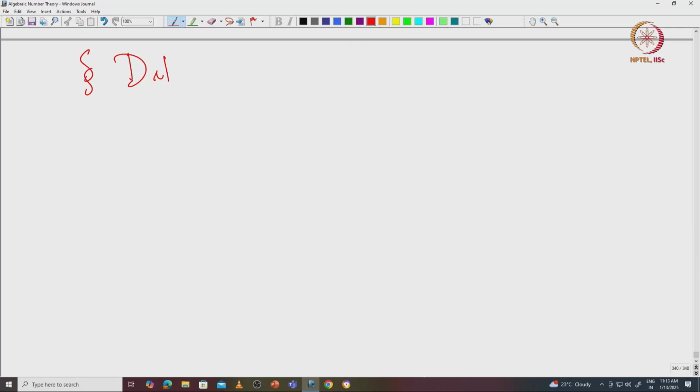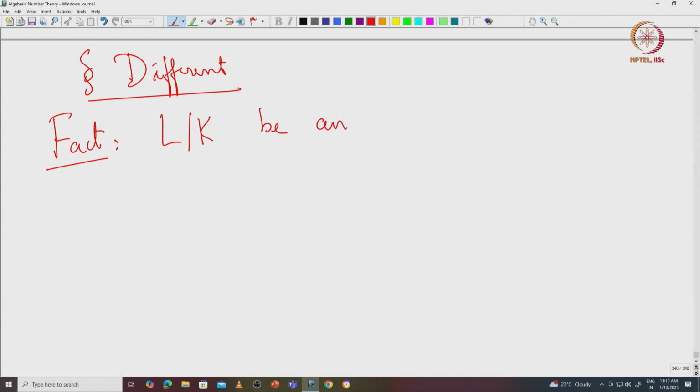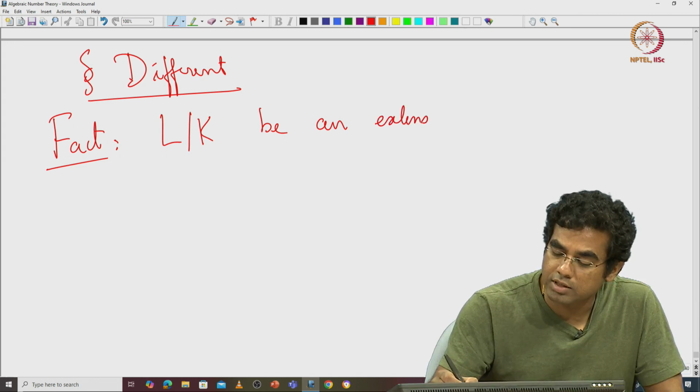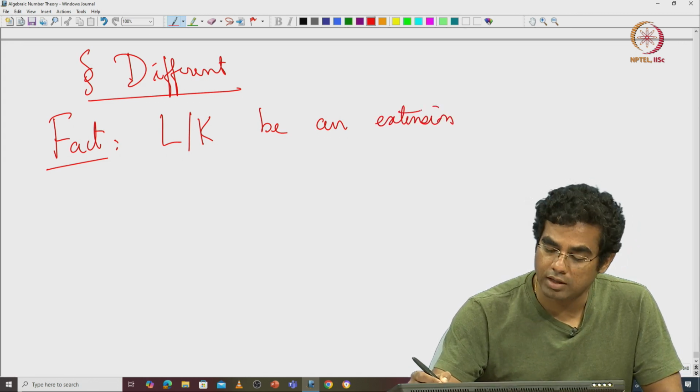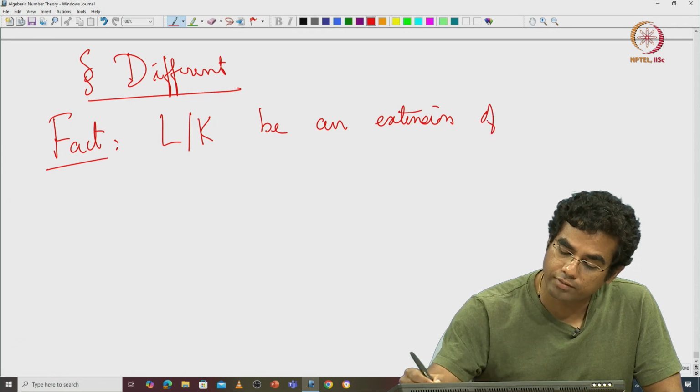But before that, let us recall some result that we proved very early on. Here is a fact, it is not needed to define the different, but it is an important motivating fact. Let L over K be an extension of fields, let me just say an extension of number fields, but this result is true for any finite extension of fields.